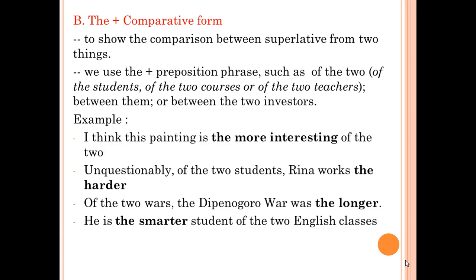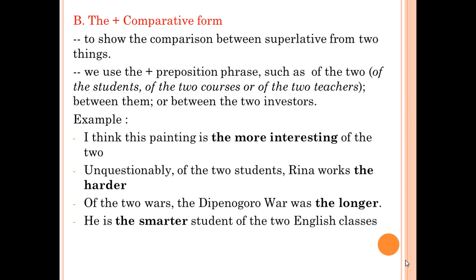Jadi dia ini mengkomparkan ada satu yang paling di antara yang paling-paling, atau di antara yang paling baik. Contoh yang kedua, unquestionably, of the two students, Rina works the harder. Jadi nggak diragukan lagi dari kedua si student yang paling rajin itu, ternyata si Rina yang paling rajin.